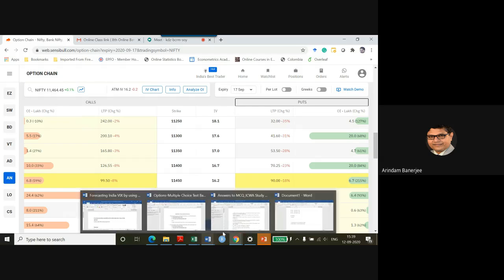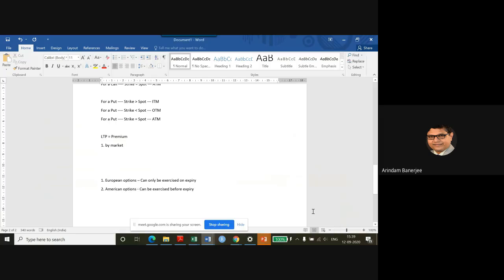But this premium can also be determined by models. So where the options are not listed in the market, for example, the OTC options, in such a case, the models are used for computing the value of the option, the premium of the option.